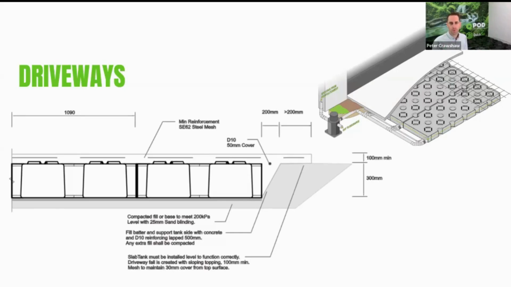Again, you're preparing that ground to 200 kPa, putting that sand blinding in, putting your tank in, and then covering that with 100 mil of concrete. Obviously, as I demonstrated earlier, you've got all those bearing loads going down through the pod. So your driveway and the trafficable area is basically bearing down on those load points.